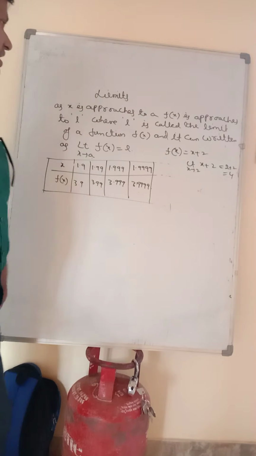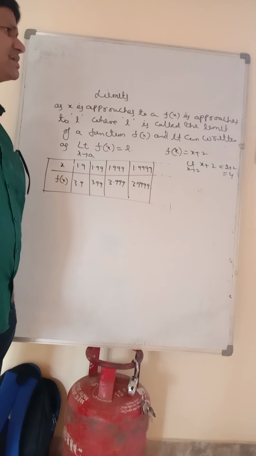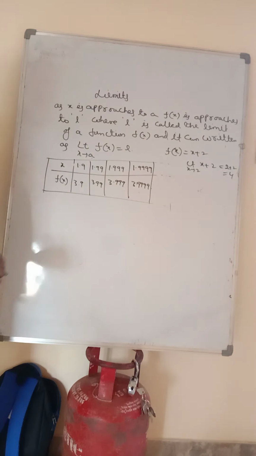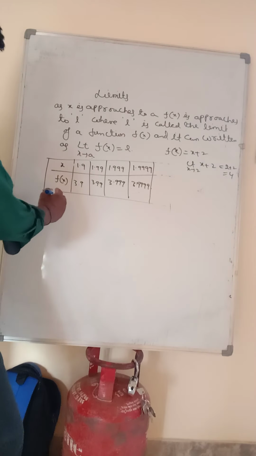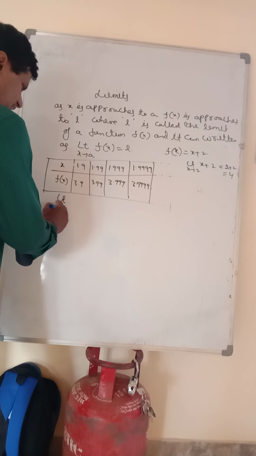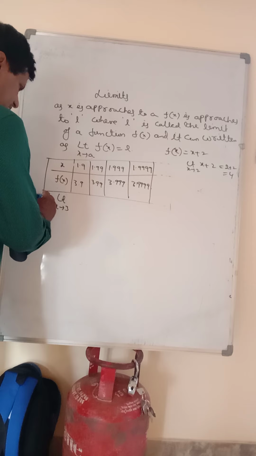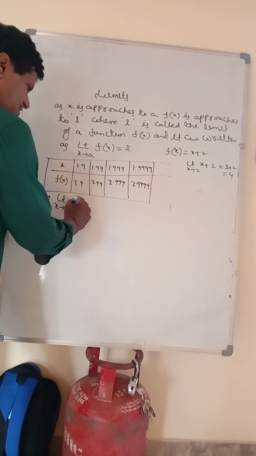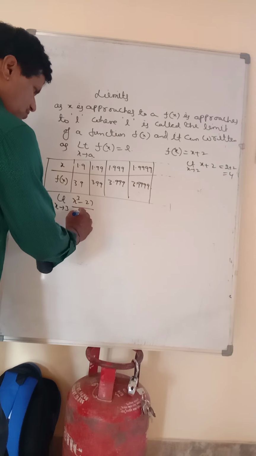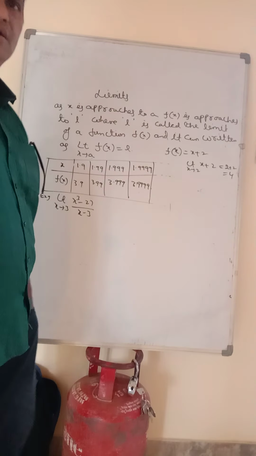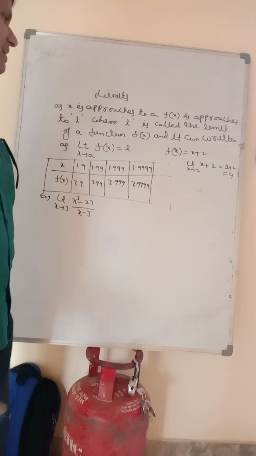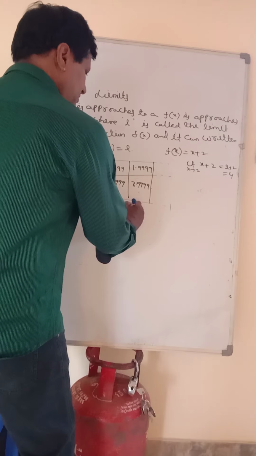Okay, the limit is very interesting. That is the mathematical point of view. Limit x tends to 3: suppose, for example, we take x cube minus 27 by x minus 3. How to do this? Whenever indeterminate forms are there, like 0 by 0, we check IDF, indeterminate forms.